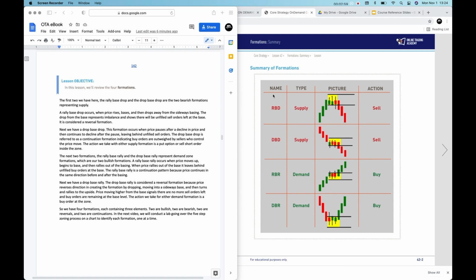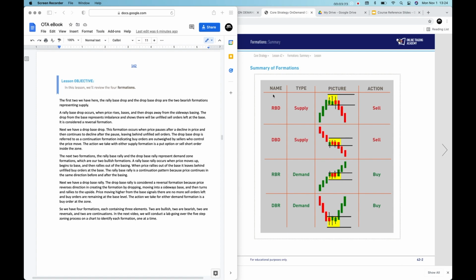When price rallies away from the base, it leaves behind unfilled buy orders at the base level. The rally-based rally is referred to as a continuation pattern because price continues in the same direction that it was moving in before the basing began and after the basing is done.